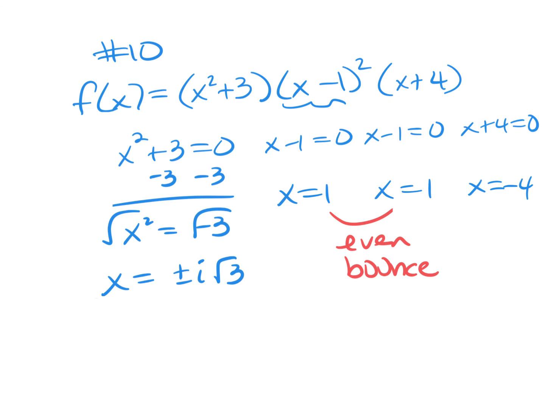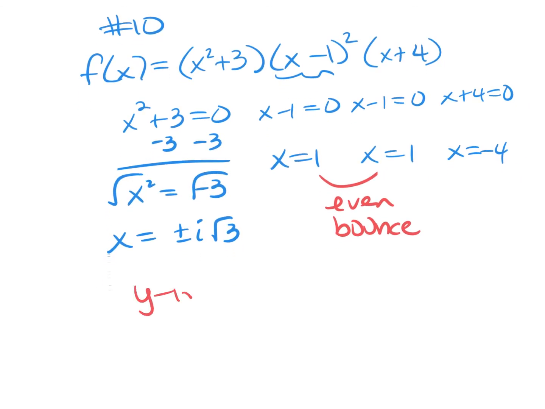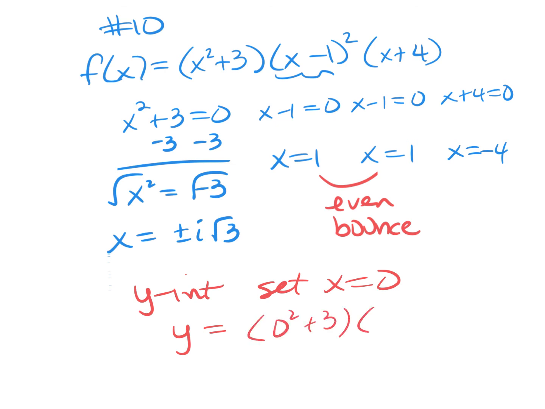Now, for my y-intercept, I have to plug in x equals 0. I can't just look for a constant. So y equals 0 squared plus 3, 0 minus 1 squared, and 0 plus 4.